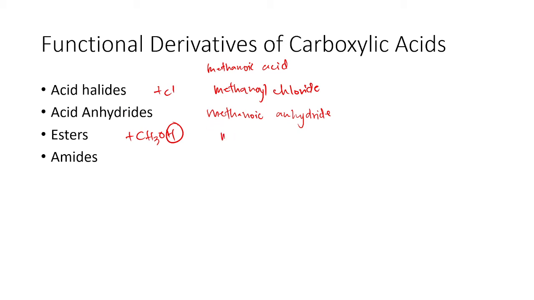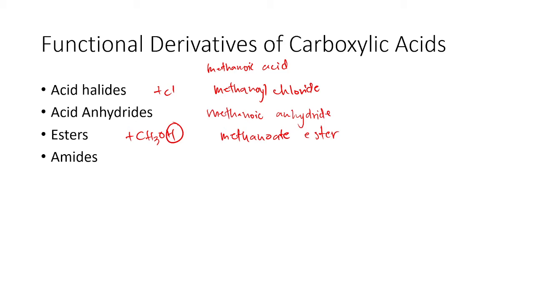So, imbes na methanoic acid, magkakaroon ka ng methanoic ester. Then, for amides, depende kung ano yung amides na i-add mo. So, bale, ito yung medyo complex yung naming sa ating amides, but later on, we will actually consider the naming of these amides.